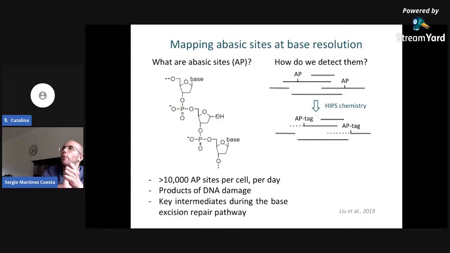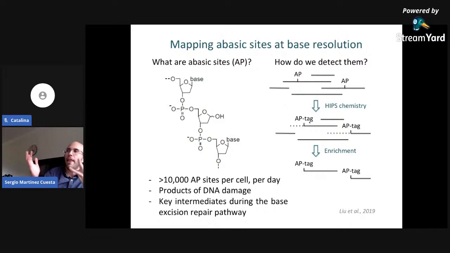So briefly, how do we detect them experimentally? Here I'm showing you our reads of DNA containing abasic sites. Jane and Fumi were able to develop a chemistry to label the abasic sites using a tag, and then, upon processing and library preparation, they were able to essentially degrade the DNA to the position where the abasic site is located.